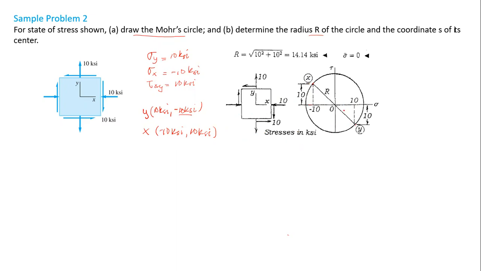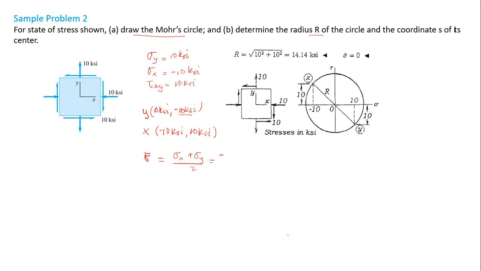Then to solve for the radius, so radius is distance na gikan sa center, kay zero man atong center. To solve for the center, equal na siya sa sigma bar which is equal to sigma x plus sigma y over 2.